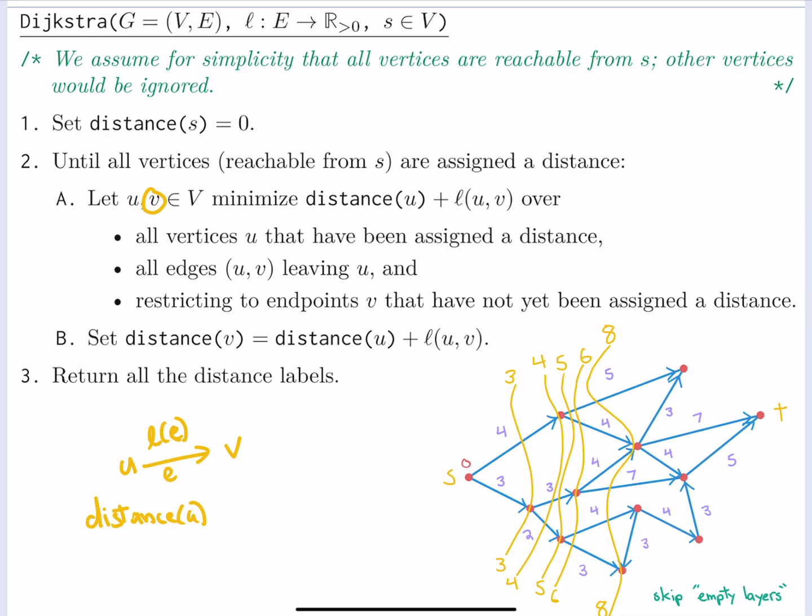And whatever vertex V minimizes the sum, that becomes my next label. Okay, but it's just implicitly shortcutting or leaping over all of those intermediate integer layers.